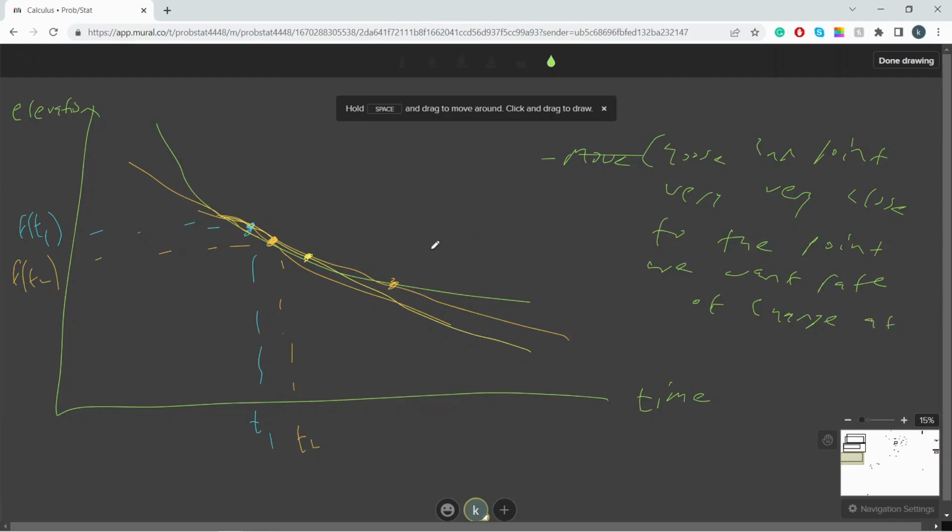So we've discovered that if we choose the second point such that it's very close to this blue point right here, which is what we want to take the rate of change of, then we're going to get a better and better approximation of the rate of change in elevation at t1.